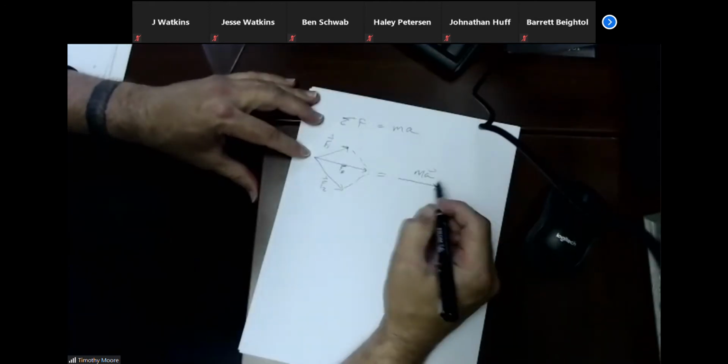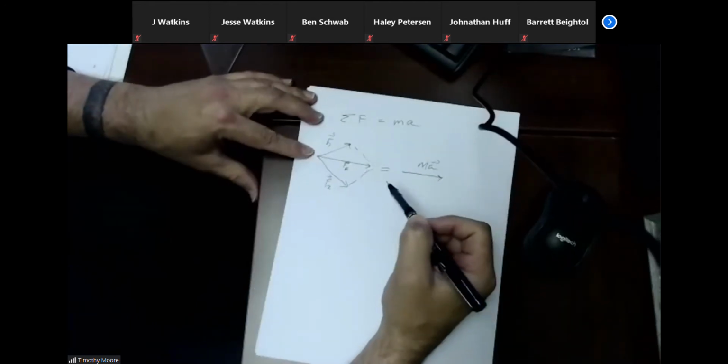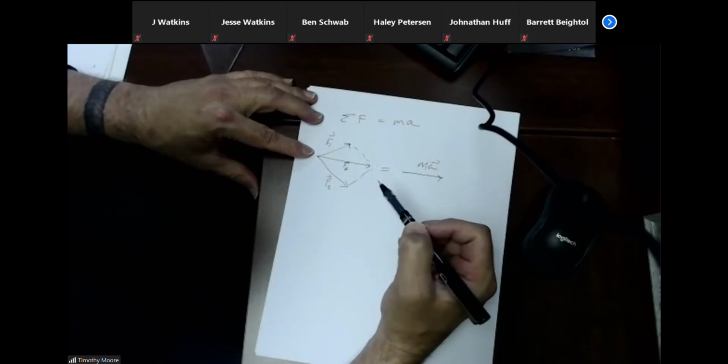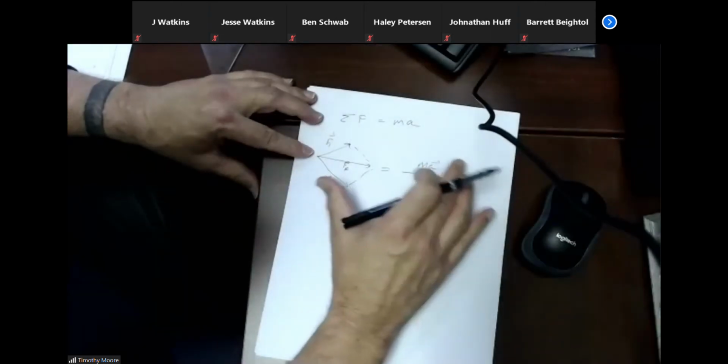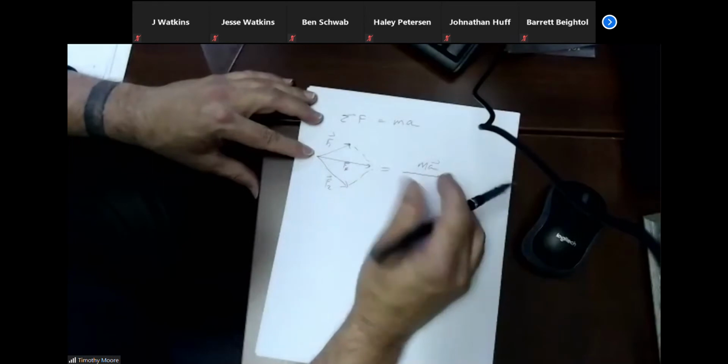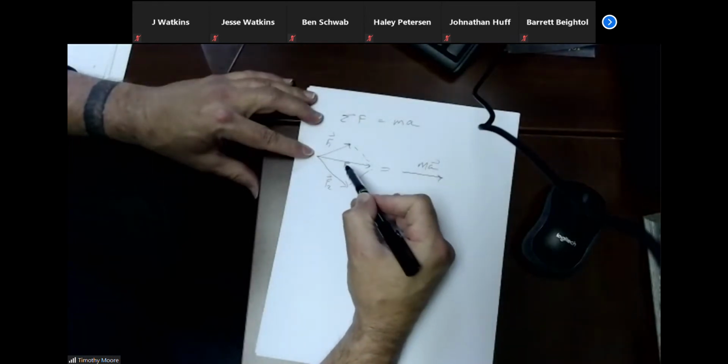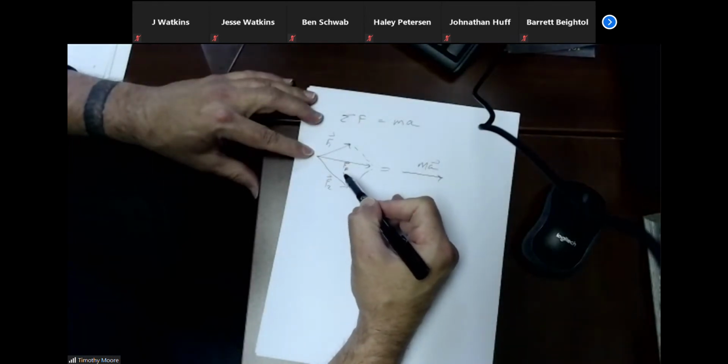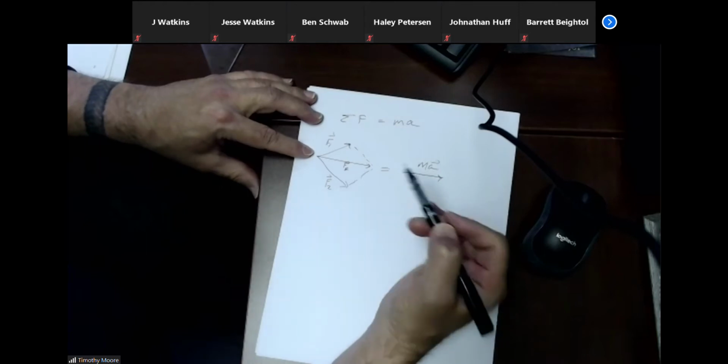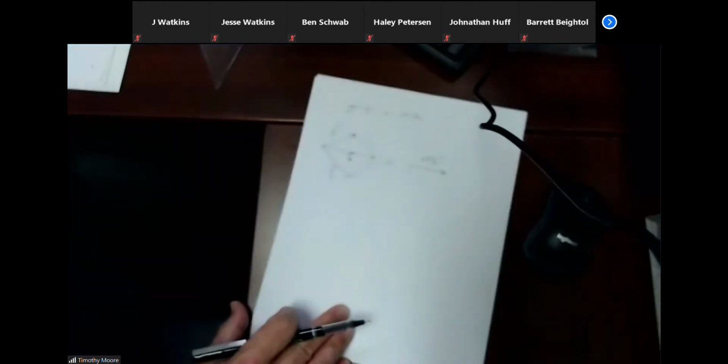If you recall from chapter 13, the acceleration is in the same direction as the resultant unbalanced force. Okay, so all that having been said, let's work the problem.